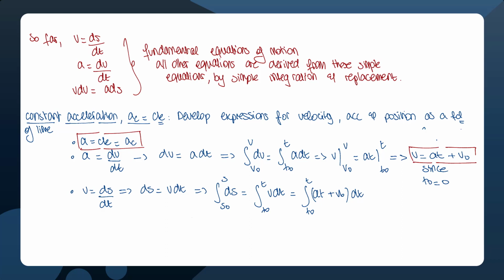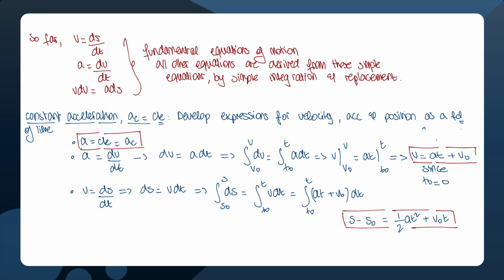Then here one needs to replace the value of v with its expression in terms of time, and that's at plus v0. And performing the integration, one ends up with the expression s minus s0 is equal to half a t squared plus v0 t. So that's another expression which describes the variation in position as a function of time.